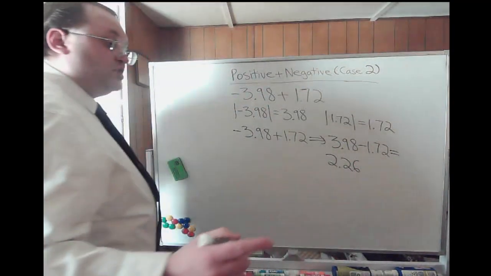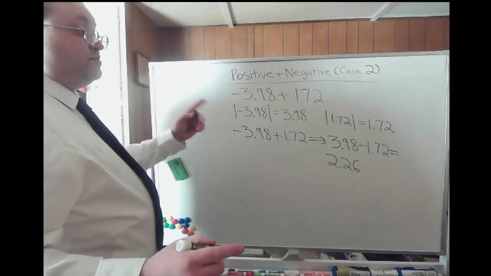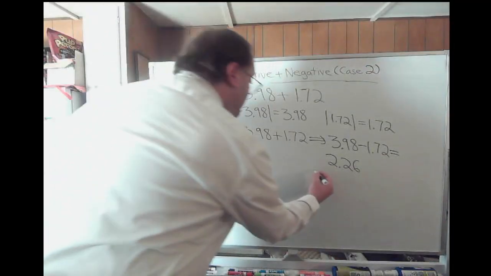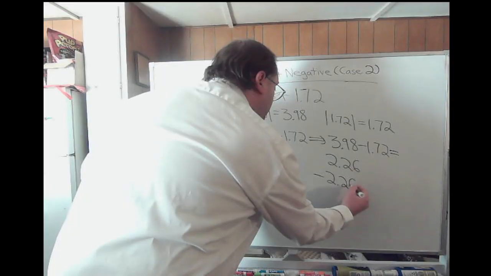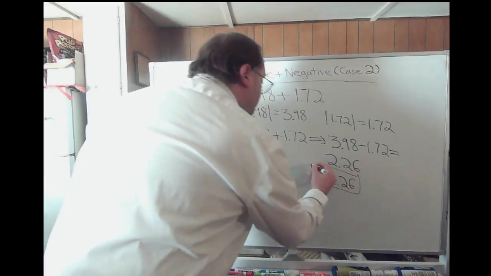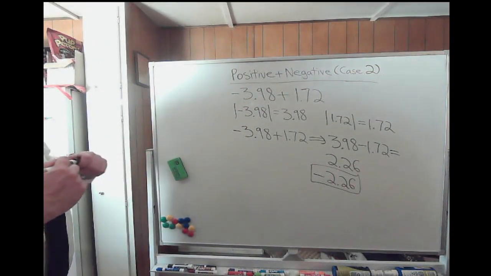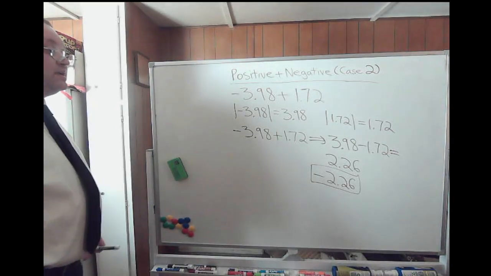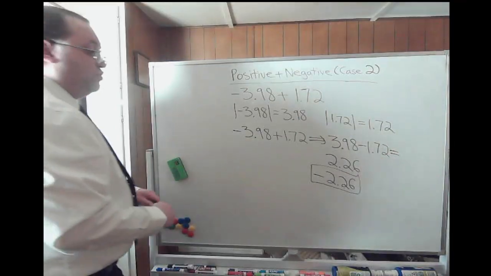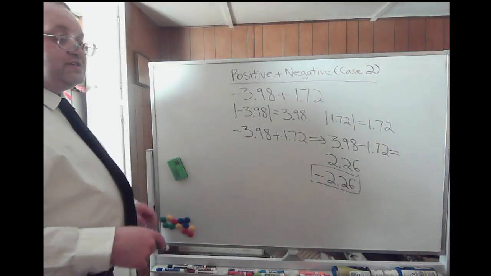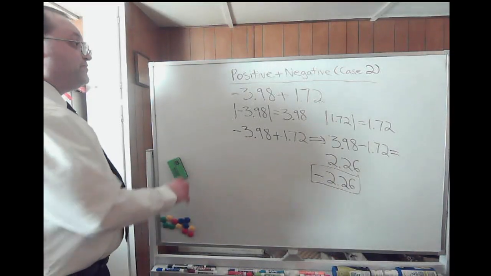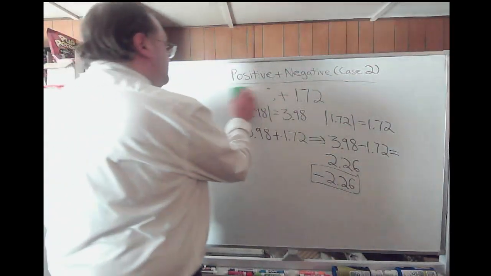But since we determined that the solution to this equation was going to be negative, you will end up with negative 2.26. So the result of this equation is negative 2.26. If you remember when pulling that temporary trick to just put a negative sign for your final result, you'll have the answer. Okay.